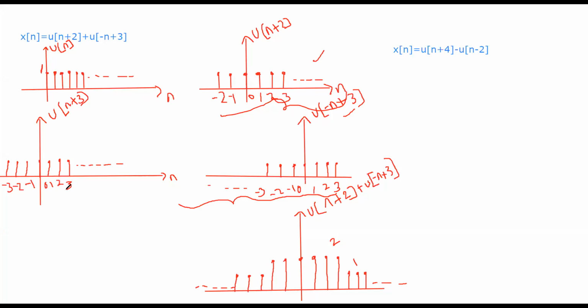Can anyone tell me the resultant? n plus 4 means it extends from minus 4 to infinity. n minus 2 means it extends from 2 to infinity. What will be the resultant? If you tell me the resultant, we can end the class.